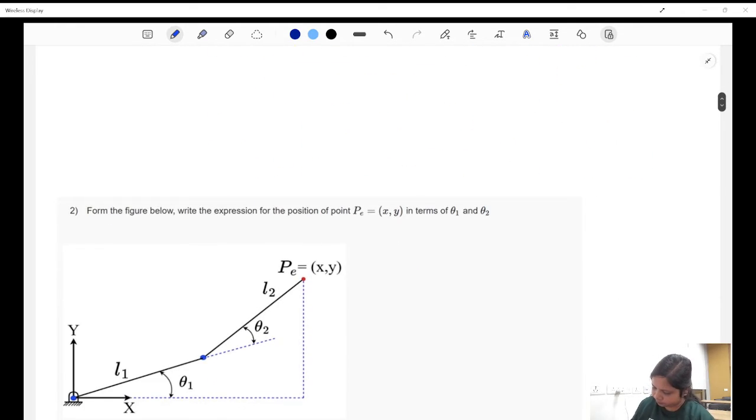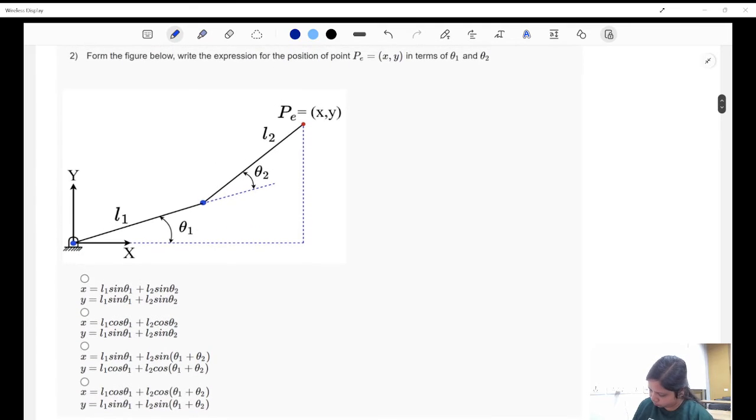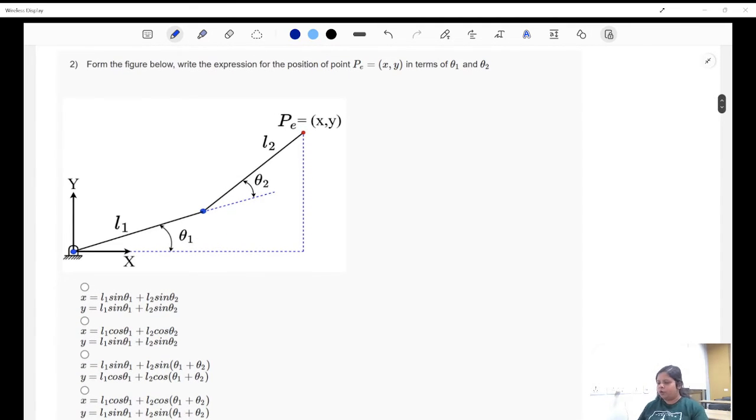Okay. Now, from the figure below, write the expression for the position of point P, which is written as x comma y, in terms of theta 1 and theta 2. So this is a very basic geometry that you're going to apply. I think you'll be able to apply.